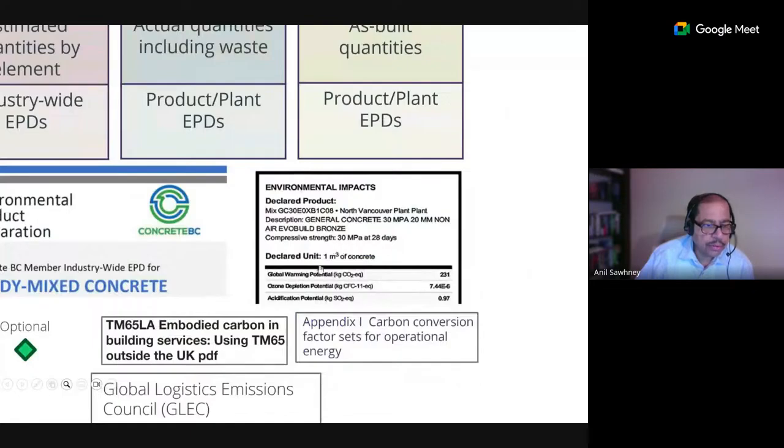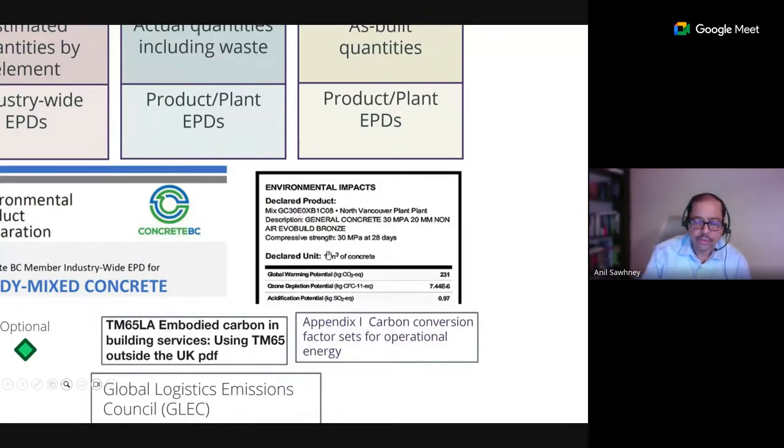So if somebody told you in Nagpur, this type of concrete, this is Heidelberg, probably I picked up this sample from North Vancouver in Canada. If you knew what kind of mix it was, like this one, 30 MPa, 20 millimeter non-aerated Evo build bronze ready mix of Heidelberg from Concrete BC, you can get this document.